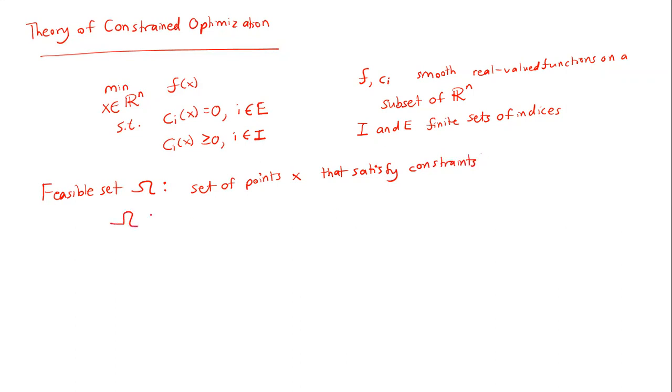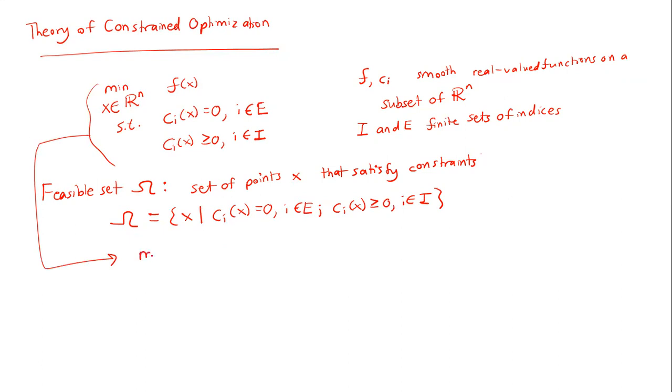So let's write it as omega equals x such that ci of x equals 0 for i in E, and also ci of x is greater than or equal to 0 for i in I. We could then rewrite this optimization problem in a very compact form: minimize over x contained in this feasible set omega, f of x.